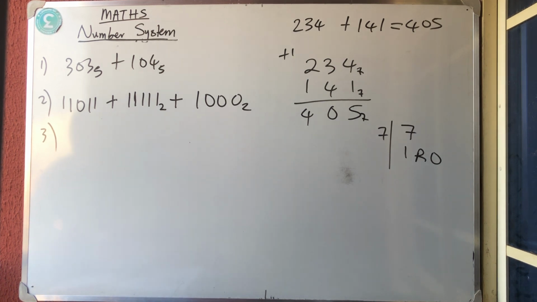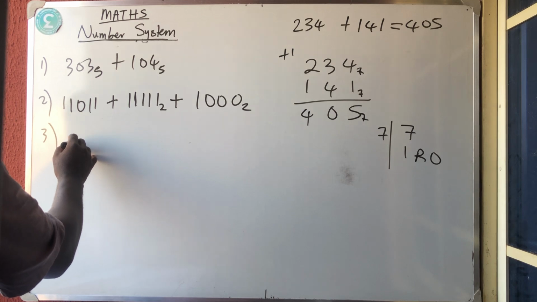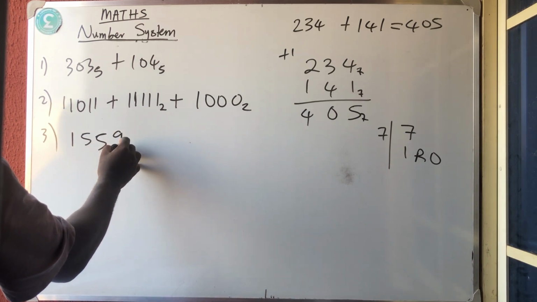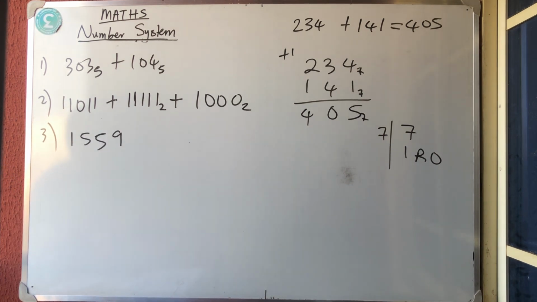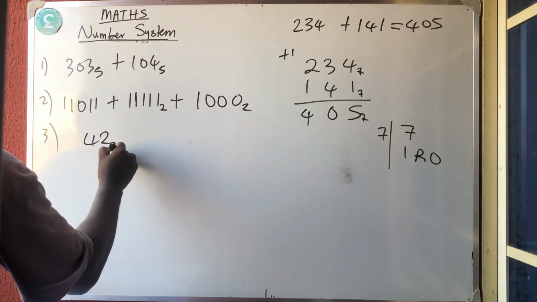Let's get to subtraction. Number 3 says 42 base 9.